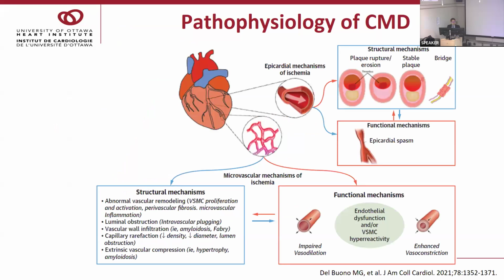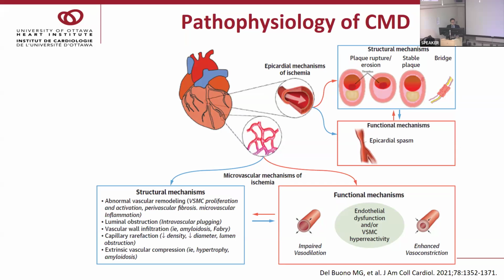This is a diagram showing the multiple mechanisms behind CMD. Roughly speaking, functional changes, structural changes, or a combination of both. The functional mechanisms are shown in the red box, which is impaired vasodilation and increased vasoconstriction. These factors are closely related to endothelial dysfunction and impaired relaxation of vascular smooth muscle cells.